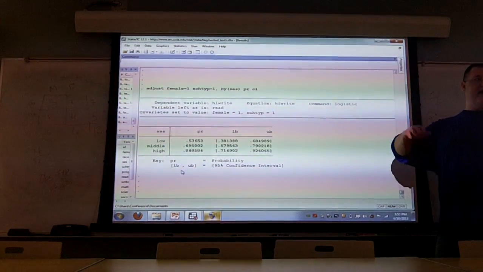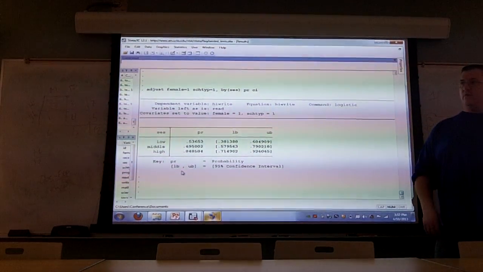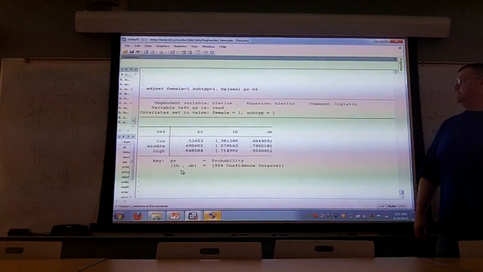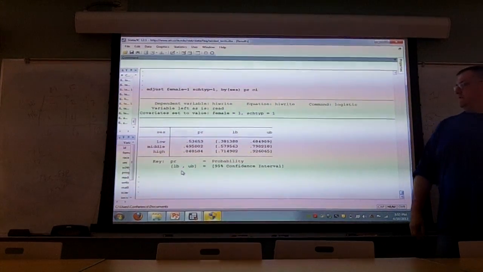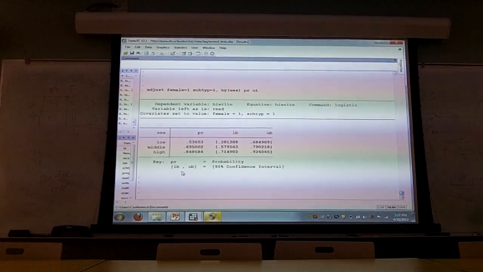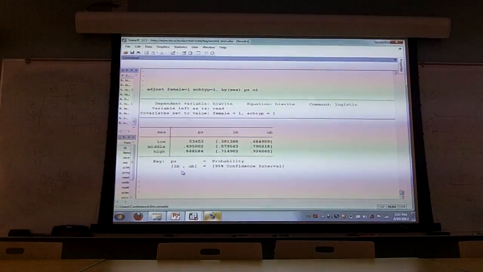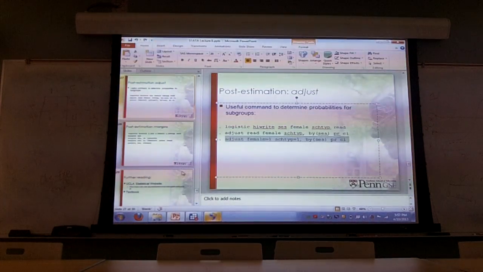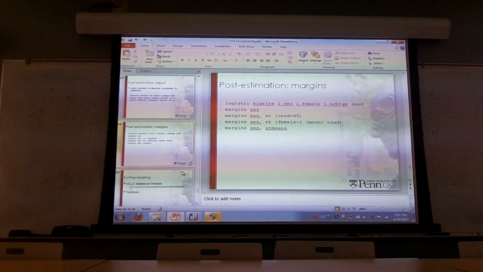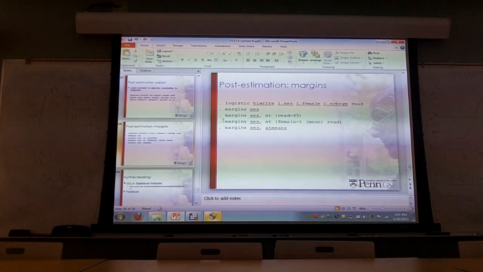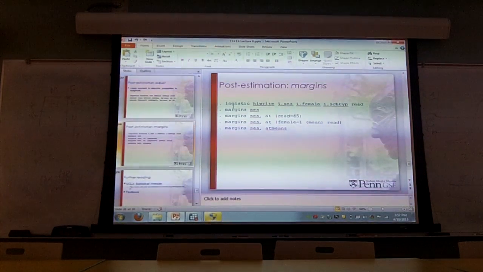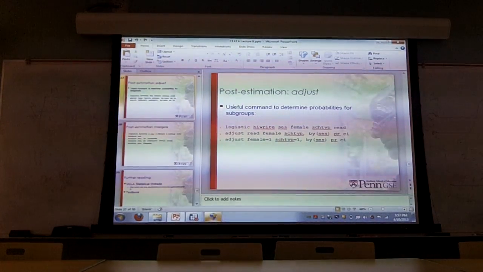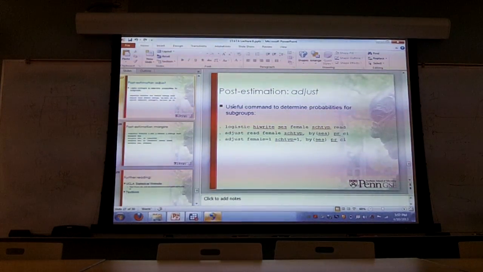So instead of the average, now we can say, what is this person's probability? Probabilities and confidence intervals.